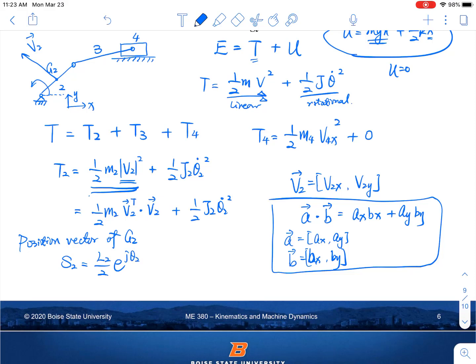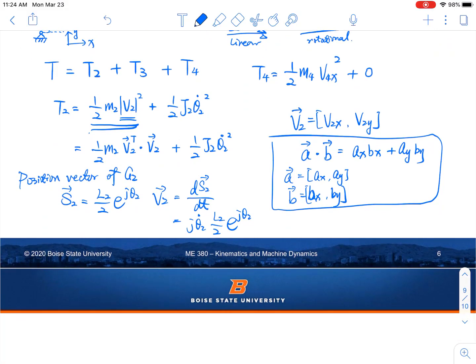Then your v2 vector is just the derivative of your S2 vector with respect to time, and it's actually j theta 2 dot times half L2 e to the j theta 2. The real part is your v2x, and the imaginary part is your v2y.